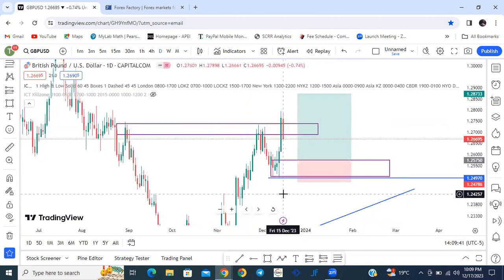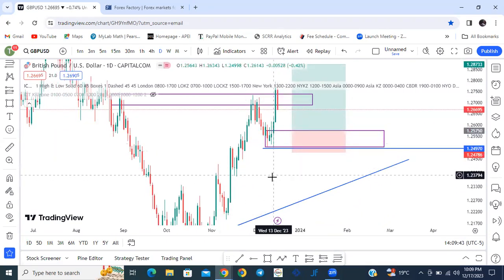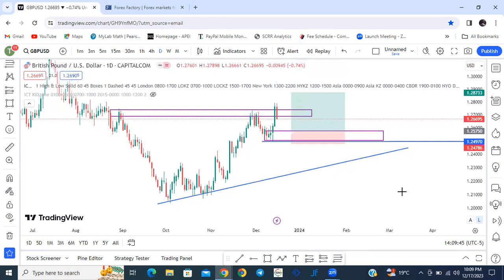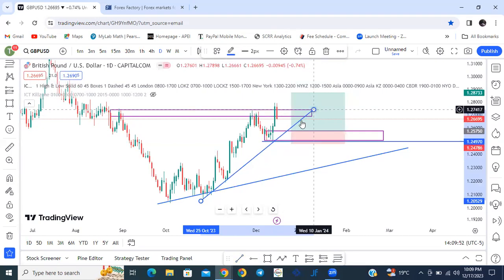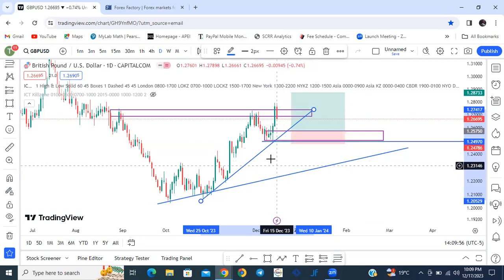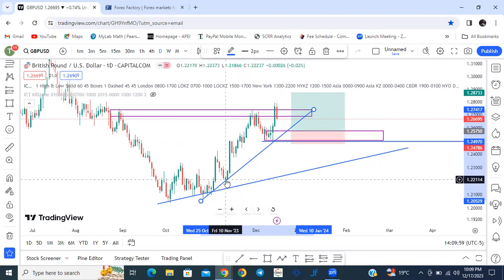But if the price pushes further downwards, that is if it does not respect this trend line that we have identified here, so if it breaks through and there is a retest, then we might see the price come all the way down to around this level.